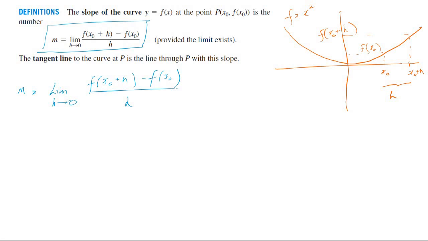So what we are doing is taking the distance f(x0 + h) minus f(x0), and dividing by h. That gives you the gradient of this triangle.